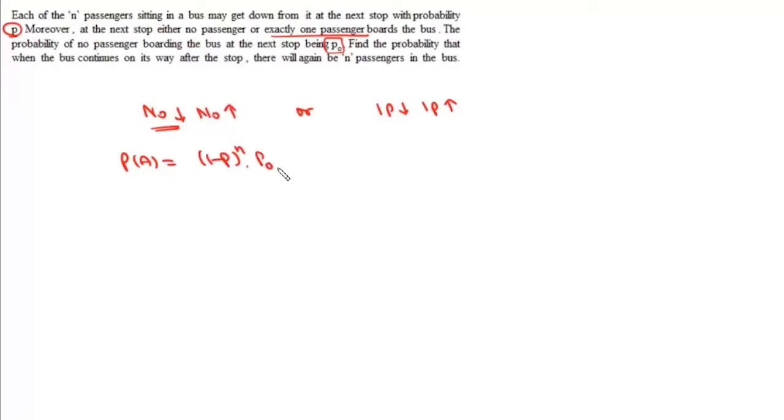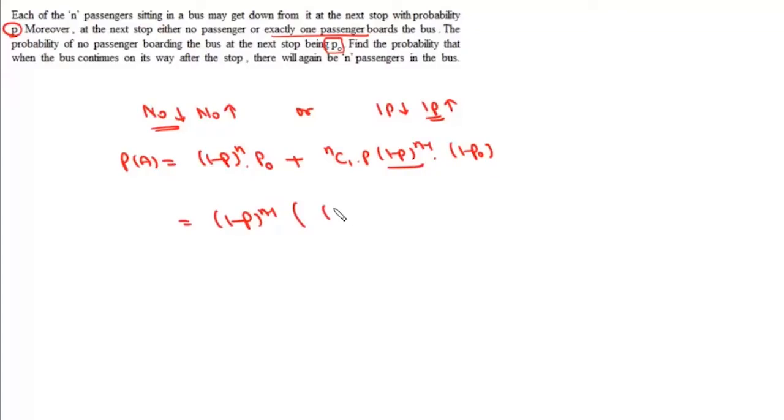So it will be (1 minus P) to the power n into P0, plus the second case. Now one of these passengers gets down the bus. Which passenger? Of these n we can select any one in nC1 ways. Now the probability of his or her getting down is P. And for the remaining not getting down, it'll be (1 minus P) to the power n minus 1. Now one person boarding the bus will be simply 1 minus P0. Now in this case, we can take (1 minus P) to the power n minus 1 common. So it'll be (1 minus P) to the power n minus 1.